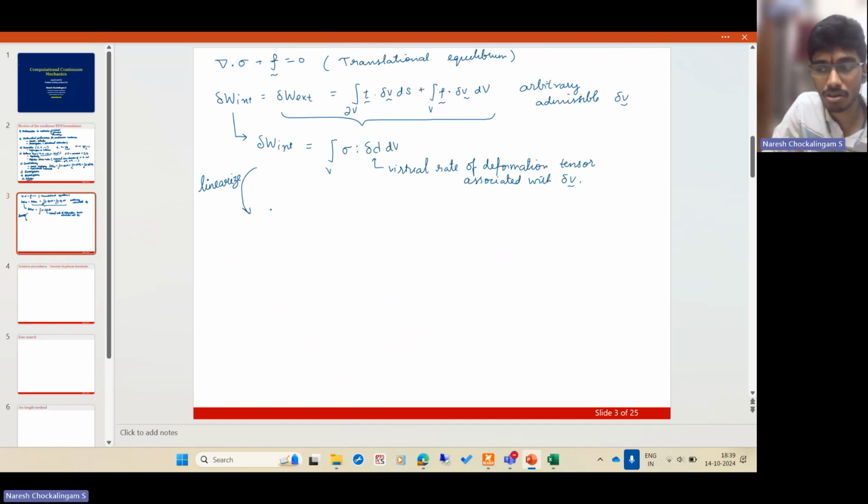So we got two expressions for the linearized virtual work expression. One is in spatial representation, and the other was in the Lagrangian or material representation. And we also saw that it is always easier to linearize in the material configuration, material description, and then pull back the expression to the spatial configuration. That is because the limits of the integration are in the Eulerian description.